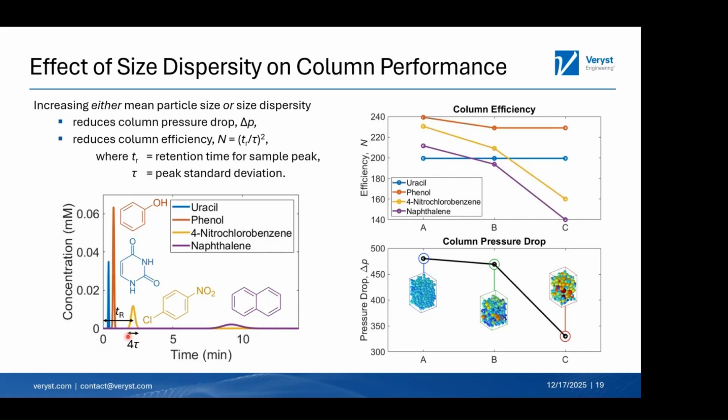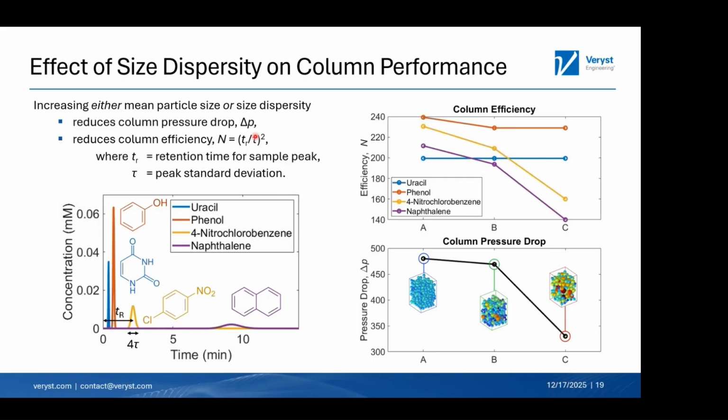So it characterizes the extent of broadening of the signal detected at the outlet. The first thing to note is that if you change the particle size, right? So if you go from, say, B to C, if you change particle size, that is accompanied by a drastic reduction in the pressure drop, as well as a reduction in the efficiency.